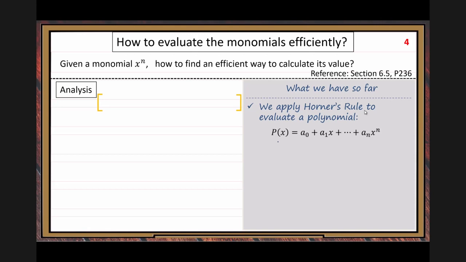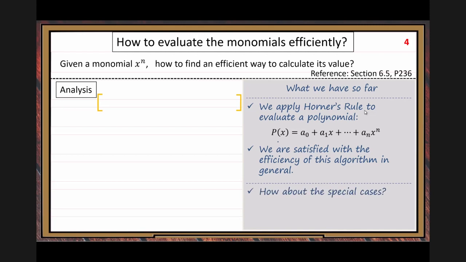For a general polynomial, we are satisfied with the efficiency of Horner's rule in general. All right. How about the special cases? Some cases are very special. If you still apply Horner's rule, then it's not the fastest.